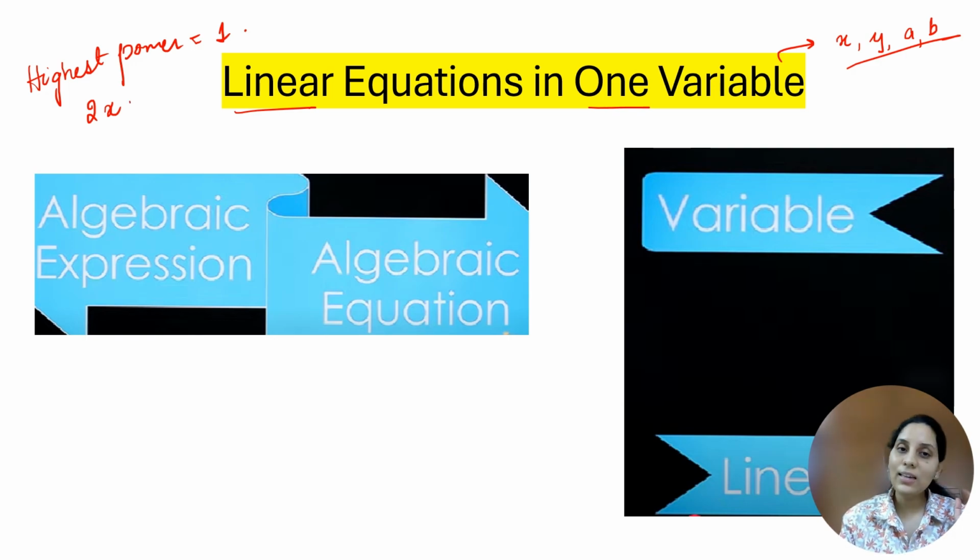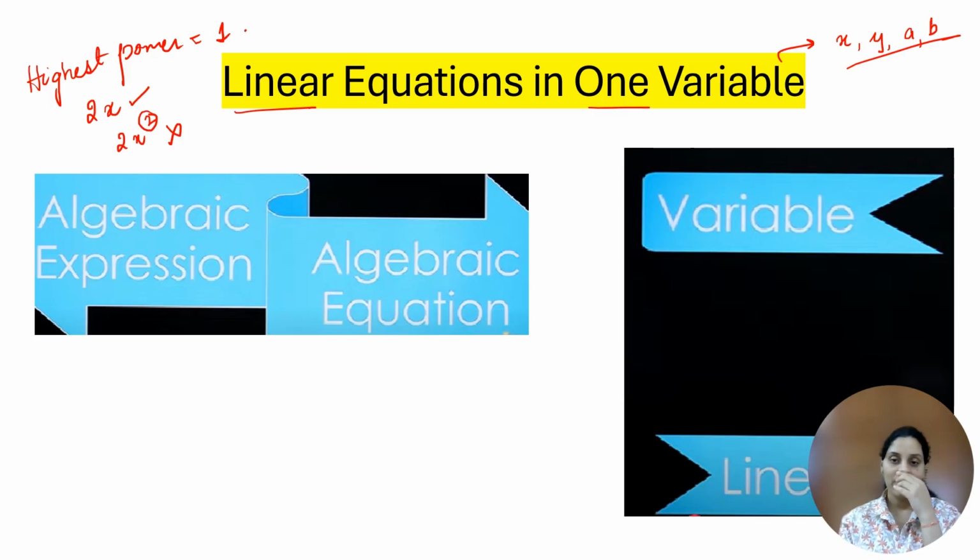So it is linear. But if I have 2x square, this is not linear because the highest power is not 1. So linear means the highest power should be 1, and in this chapter we will only see one variable, just one alphabet.